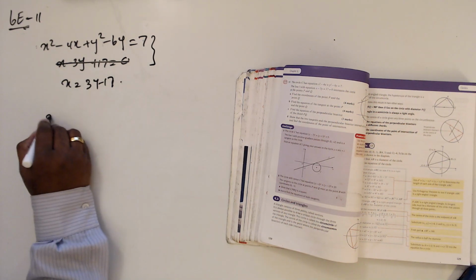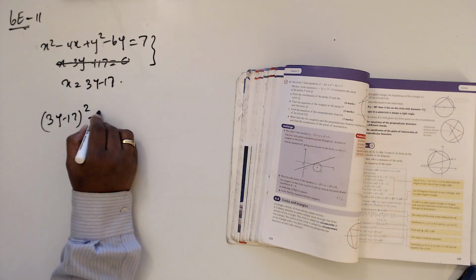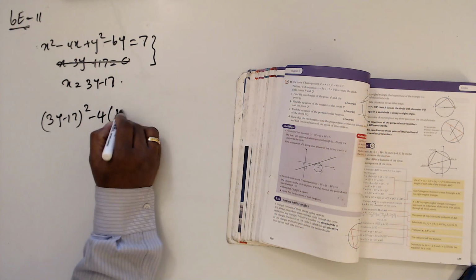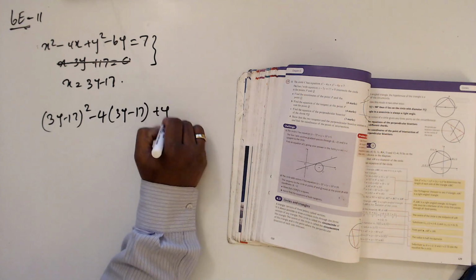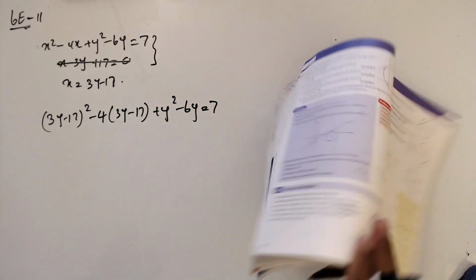So x squared means 3y minus 17 squared, minus 4 times x, meaning 3y minus 17, plus y squared minus 6y equals 7. Now we have to solve these two.